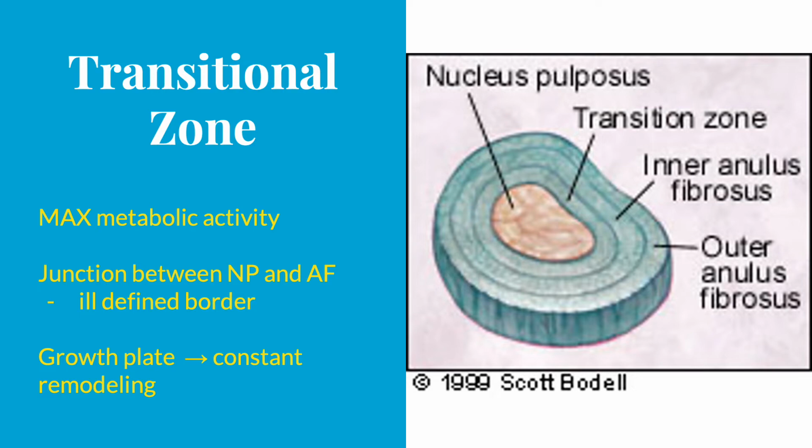It's a transition zone, so it kind of morphs into the other form. This transitional zone is also referred to as the growth plate of the intervertebral disc, so it's always remodeling. As we grow, this is going to be the region that is changing maximally to support the spinal column.